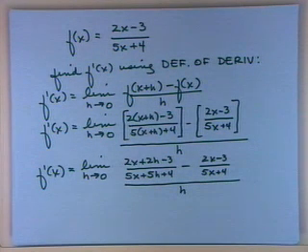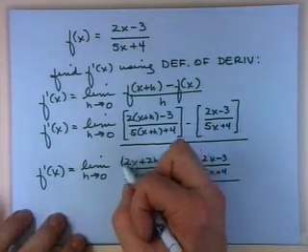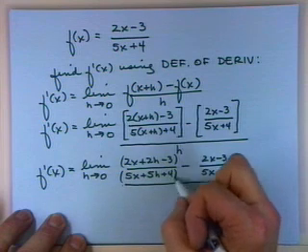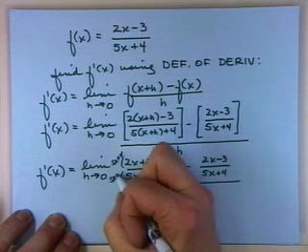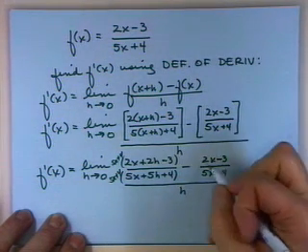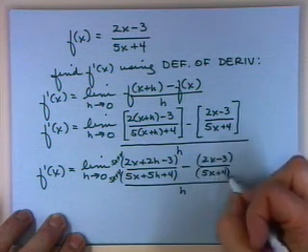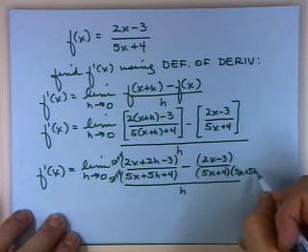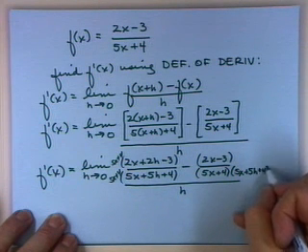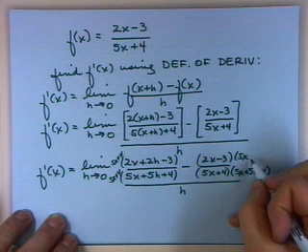So let's multiply the first fraction by 5x plus 4 over itself. And the second fraction, let's multiply by 5x plus 5h plus 4 over itself.